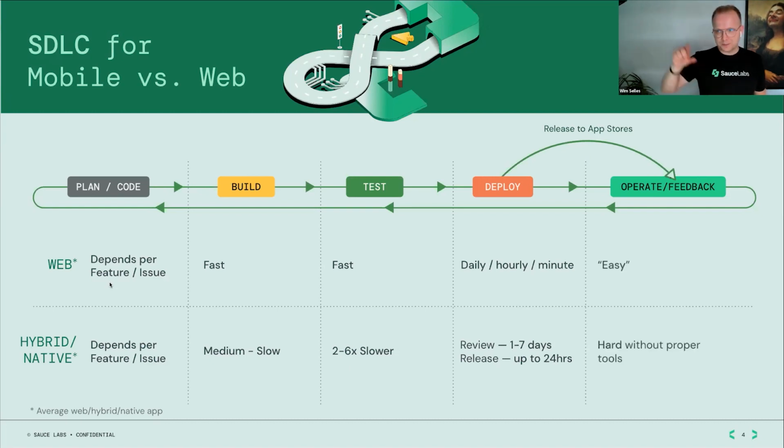Last but not least, if it's in production, how are you able to track down what was happening if your end user has an issue? For the web, you can easily spin up a virtual environment with a Windows machine or with a Linux machine or a Mac machine and just install the browser that you need and debug it there. You've got a lot of stack traces already in your application that you could debug.